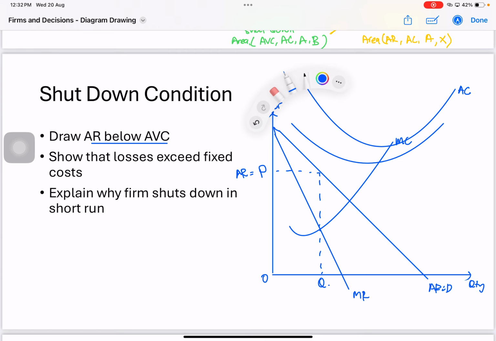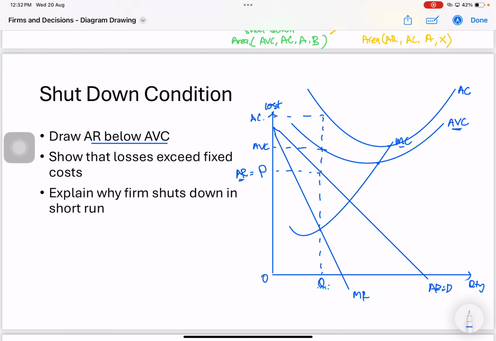Anyway, my diagram, I keep drawing my AVC curve because I didn't like it, as I don't think it really cuts the AC and AVC. MC didn't really cut AC and AVC at the lowest point. But I think on your own, you can draw it better. So over here, this is my AVC. This is clearly a case of subnormal profit.